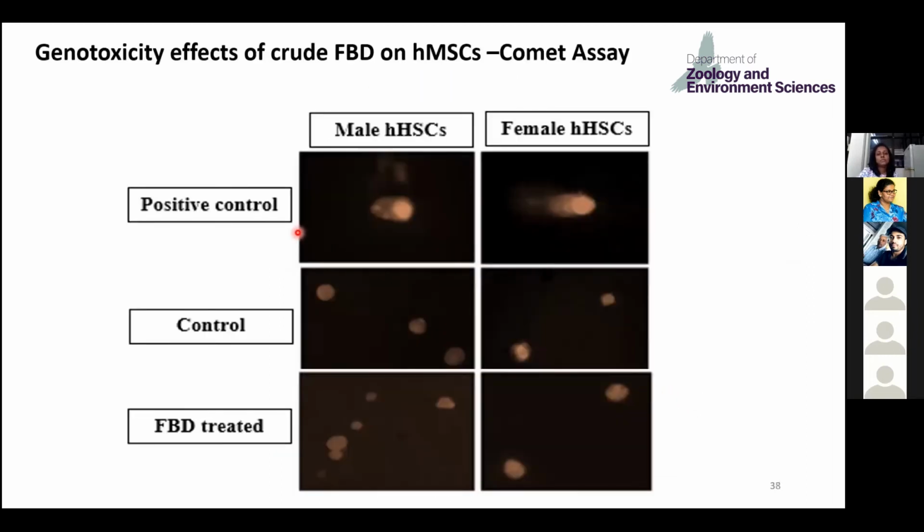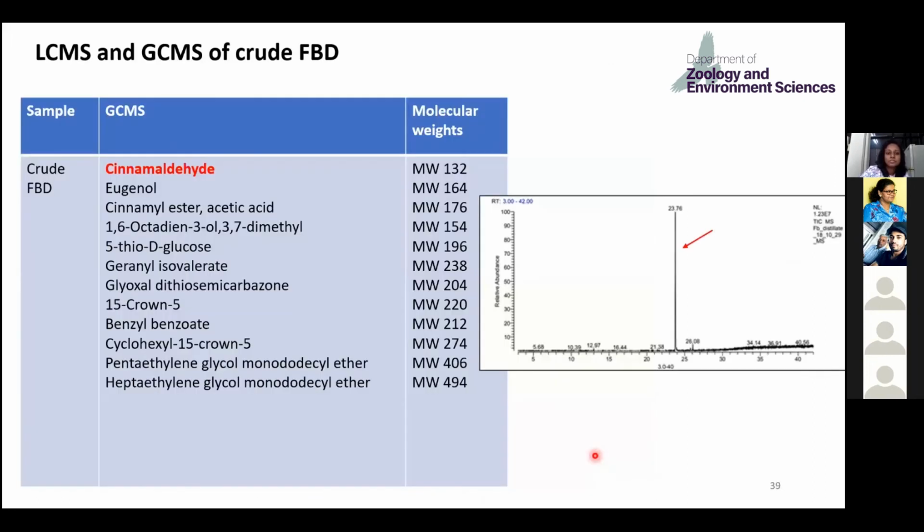Here, for the positive control, the cells which we treated with hydrogen peroxide had an extended tail, and the control and the cells treated with our distillate had no tails. So that means there were no genotoxic effects observed.